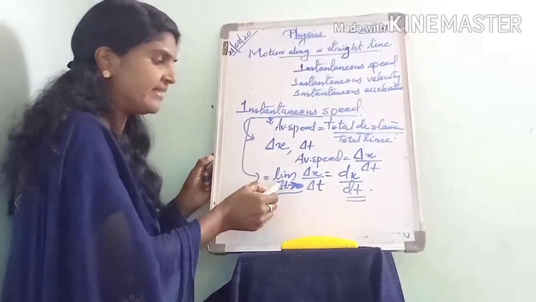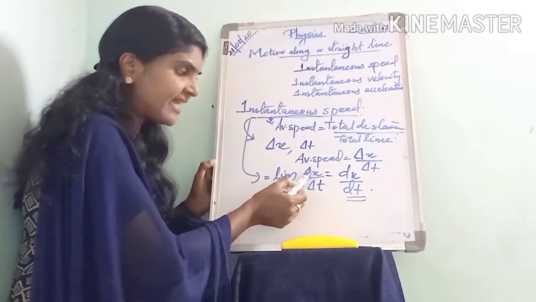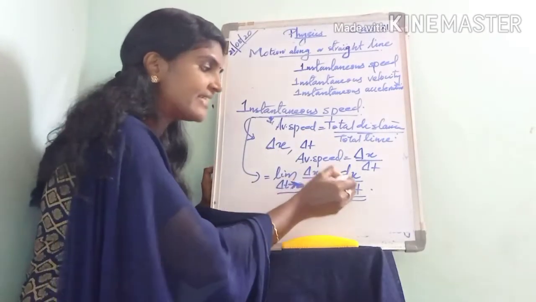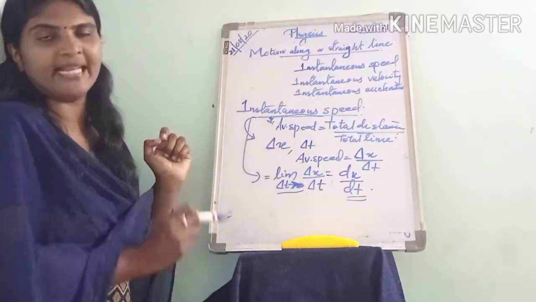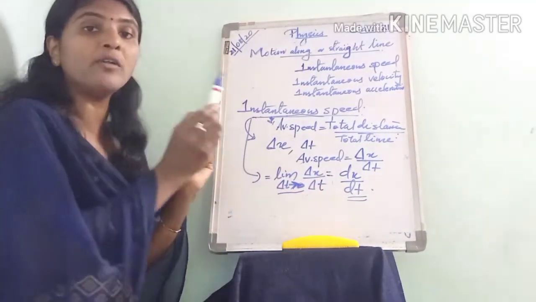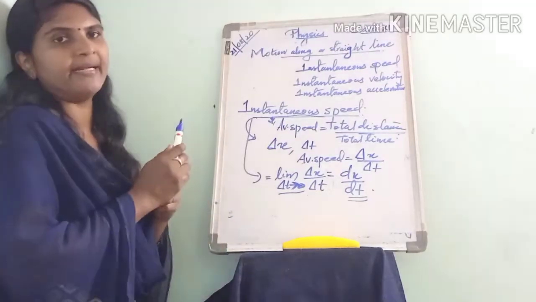When we apply the limit as delta t approaches 0, delta x by delta t equals the instantaneous speed dx by dt, a small change of distance divided by a small change of time.